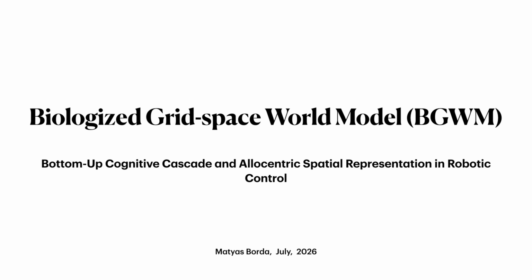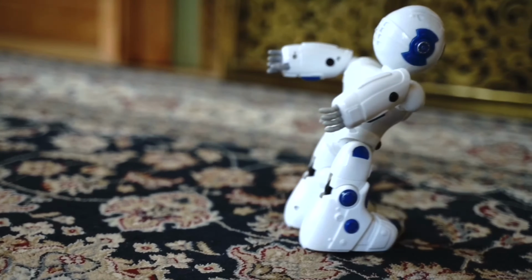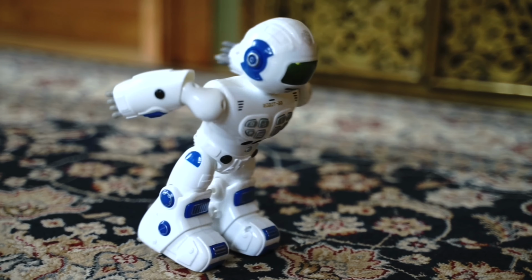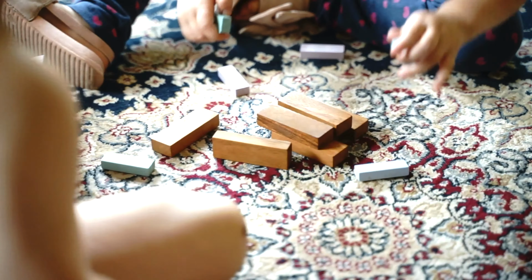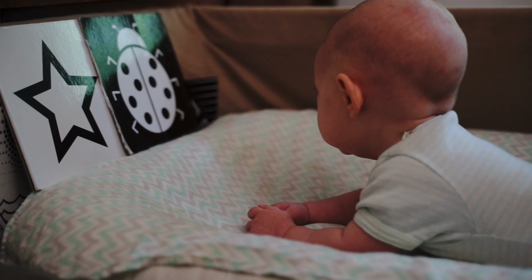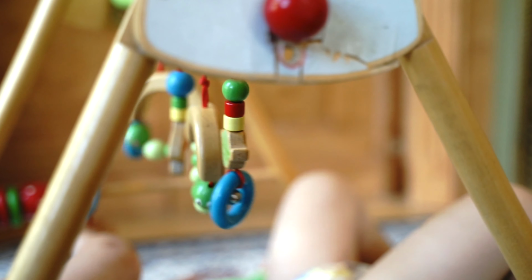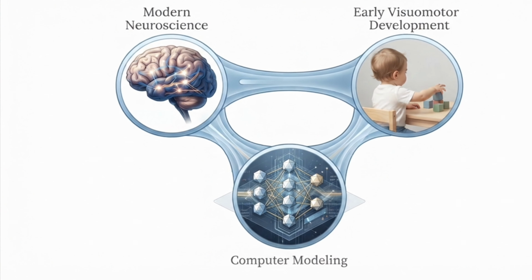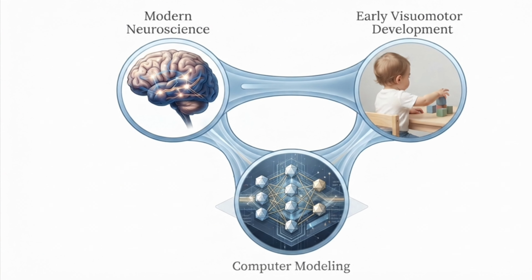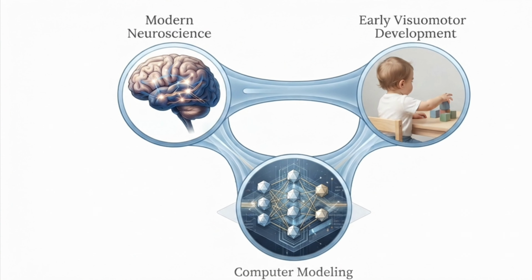Observing the sudden advancements of robotics, which only a few years ago felt like a sci-fi writer's dream, I was led to look for answers in the most primal physical intelligence, the development of my own kids, steering my interest towards the intersections of modern neuroscience, early visuomotor development, and computer modeling.